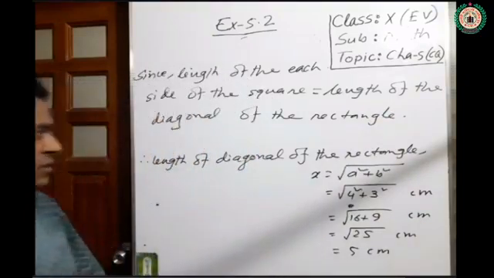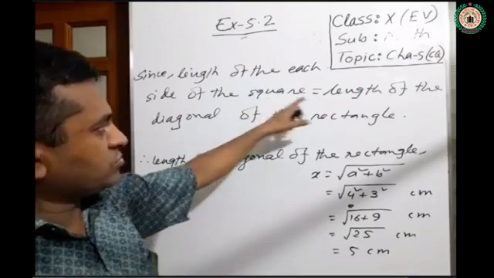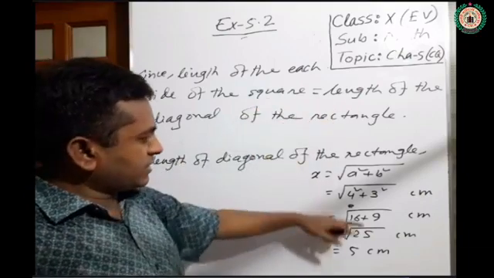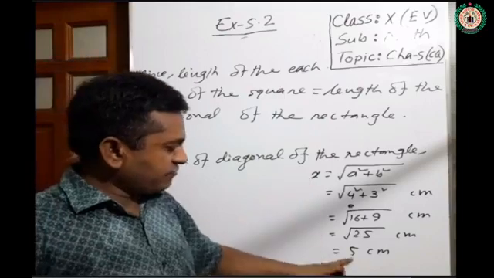Dear students, length of each side of the new square is equal to length of the diagonal of the rectangle. From here we get length of diagonal of the rectangle is 5.